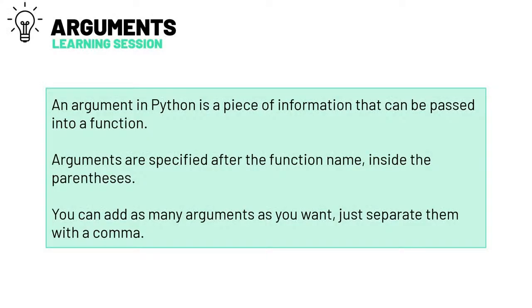Okay, cool. So an argument in Python is a piece of information that can be passed into a function. Arguments are specified after the function name, usually inside the parentheses. We can add as many arguments as we want. All we do is separate them with a comma.